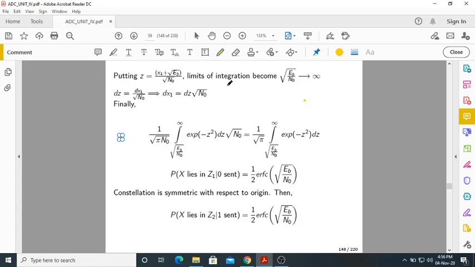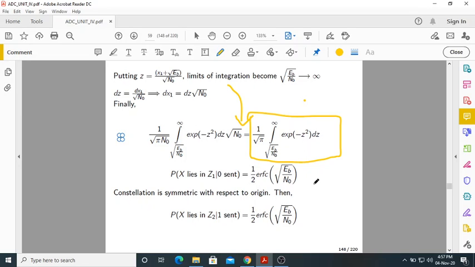I am just altering or writing the integrals in a convenient form. Now this is what you get finally. I just did some simple calculations. I hope you appreciate this point. You just go through these simple calculations which I have done now itself.